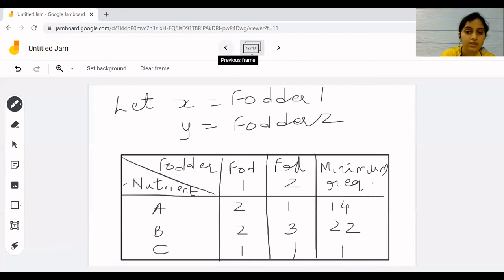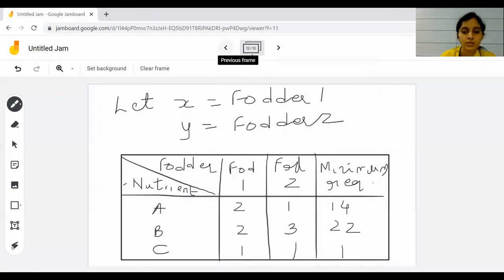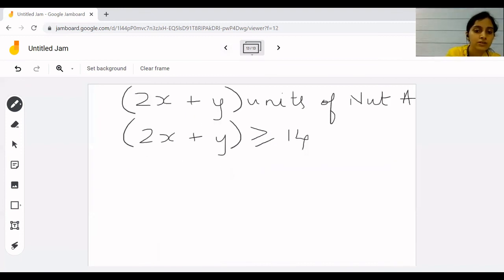So it could be at least 14 or greater, so 2x plus y greater than or equal to 14. What is B? B would be 2x plus 3y units of B.